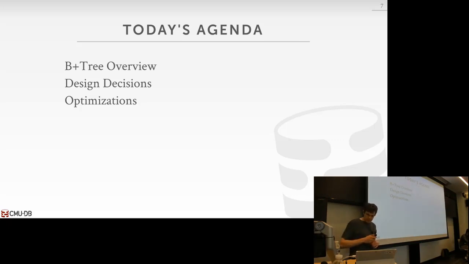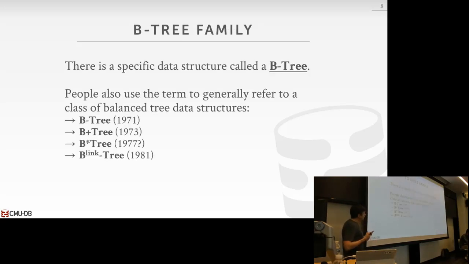Okay, the first thing we need to address is what is a B+ tree and how does that relate to a B tree? This is the downside in databases: a lot of times the same word is used to reflect different things, and it can be quite confusing for someone trying to get started to understand the actual difference between these things.